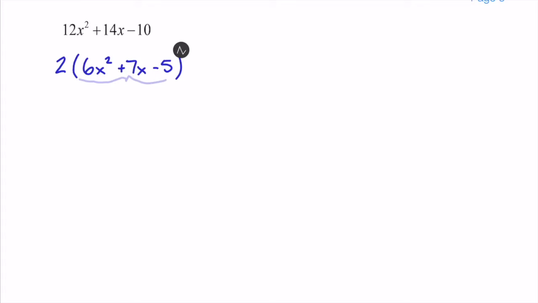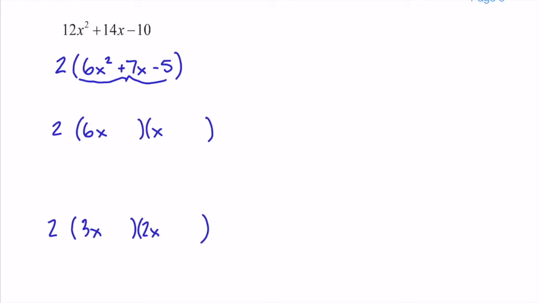Now, the factor pairs of 6, there's 2 sets. We've seen them before. I could have 6x and x, or I could have 3x and 2x. Now all I've got to do is consider my factor pairs of this 5. Notice the 5 is negative.